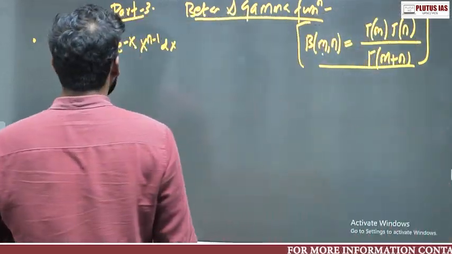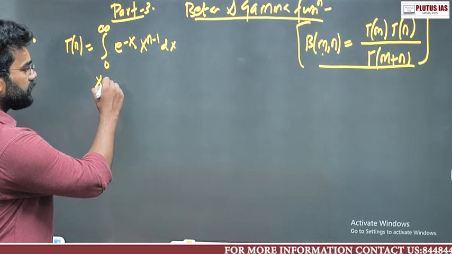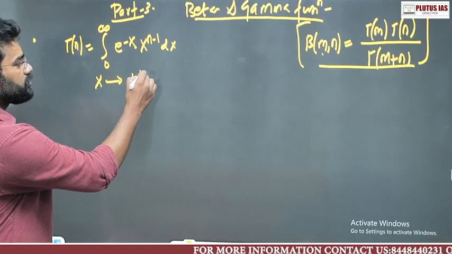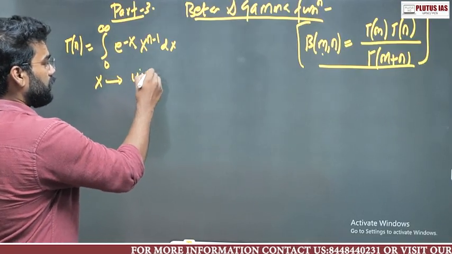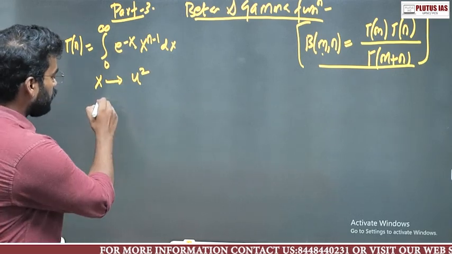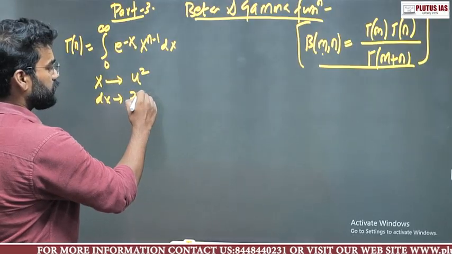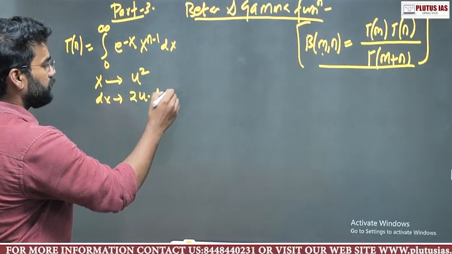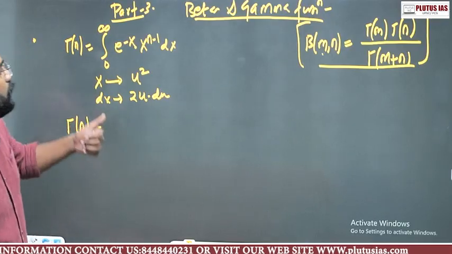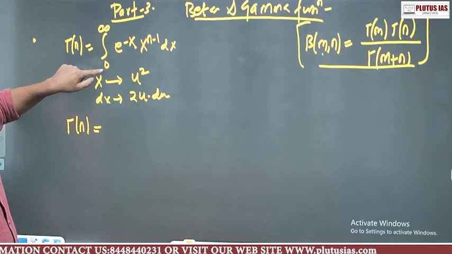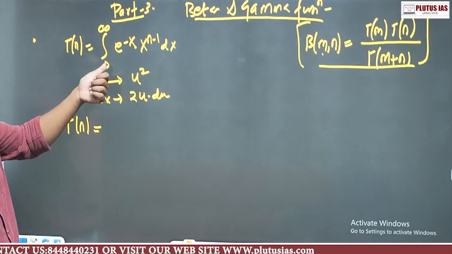We will be proving it by substituting x equal to u square. So dx will become 2u du. Gamma n: x varies from 0 to infinity, so u will vary from 0 to infinity.